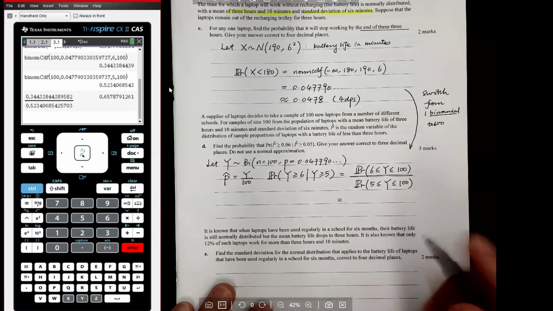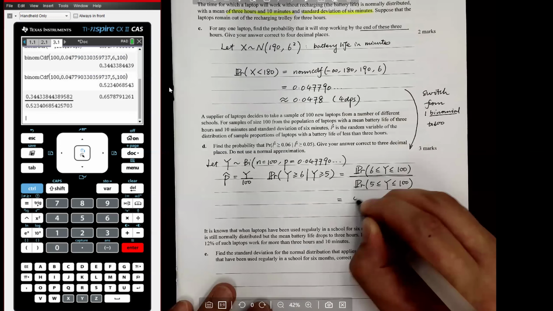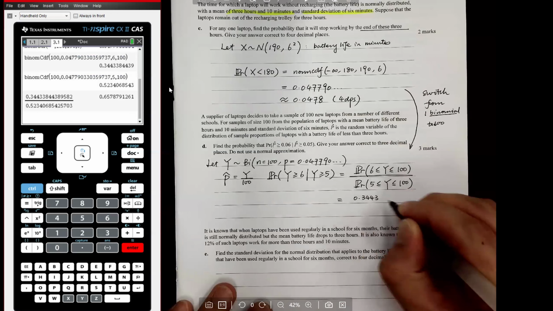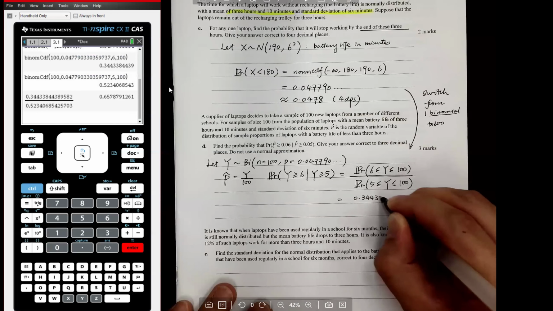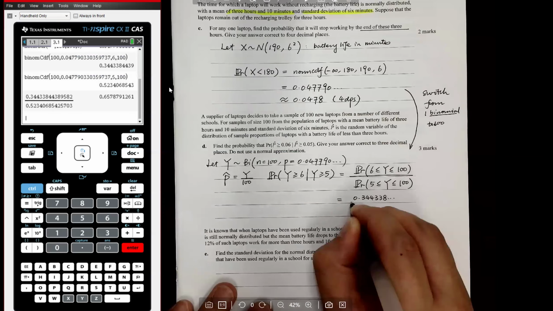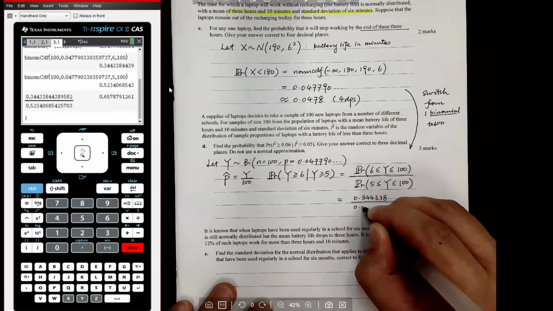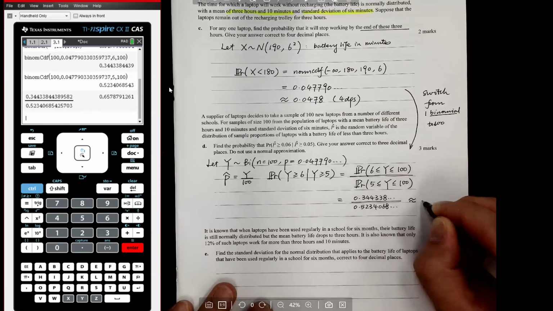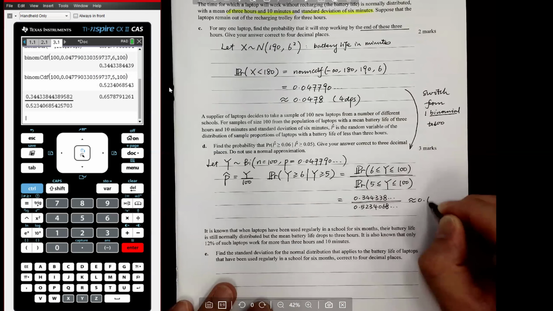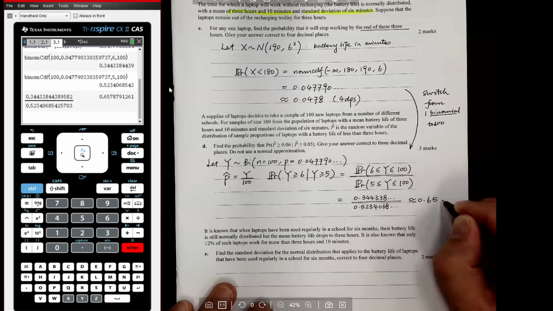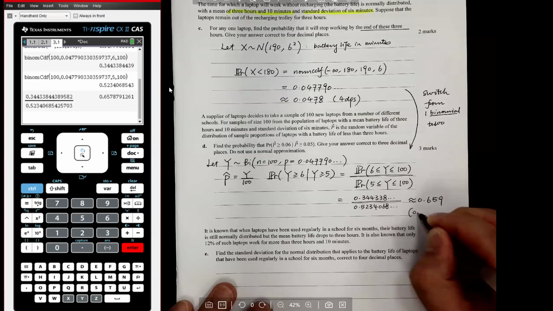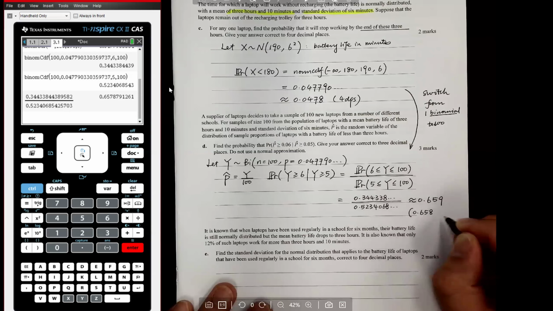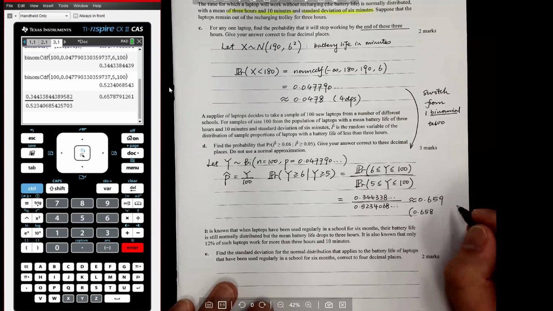Okay. So the top number is 0.344338, etc., divided by 0.5234068. And it's rounded to 0.65878 actually.